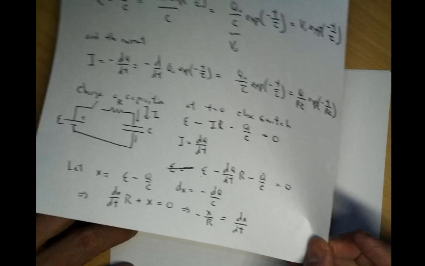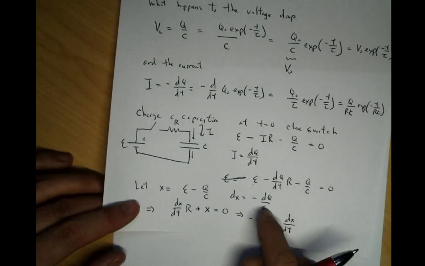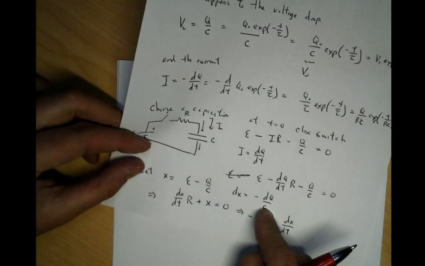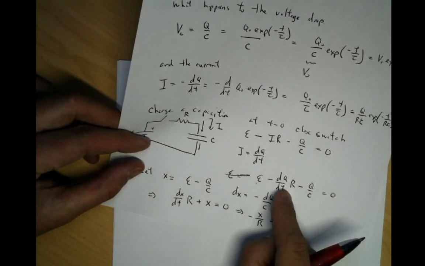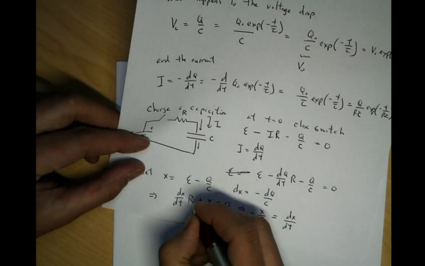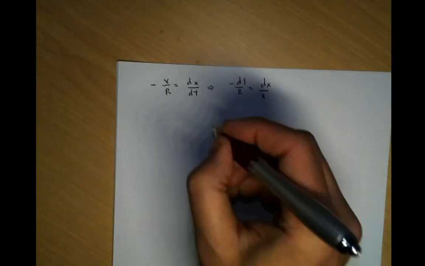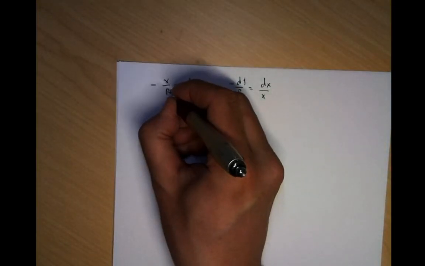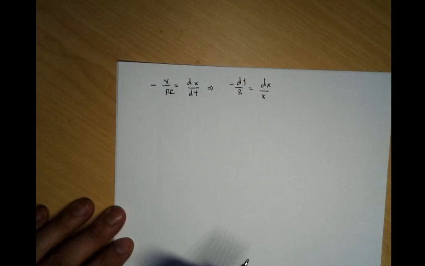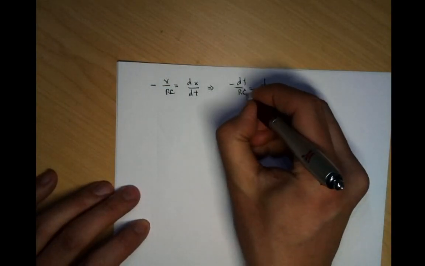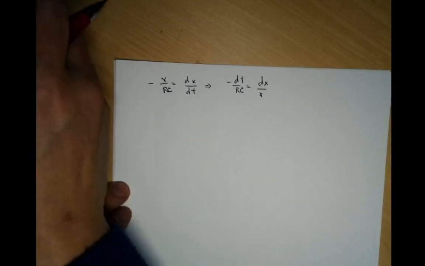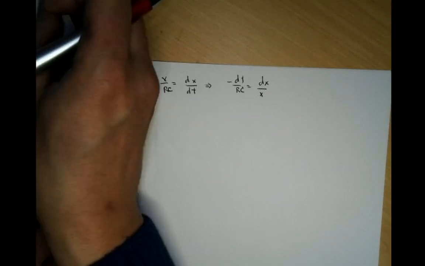Whoops, I missed one thing. Of course, be very careful here. This is dQ over C, so there's a C right here. Good. Now it makes more sense. Perfect. Now we can finish this off.